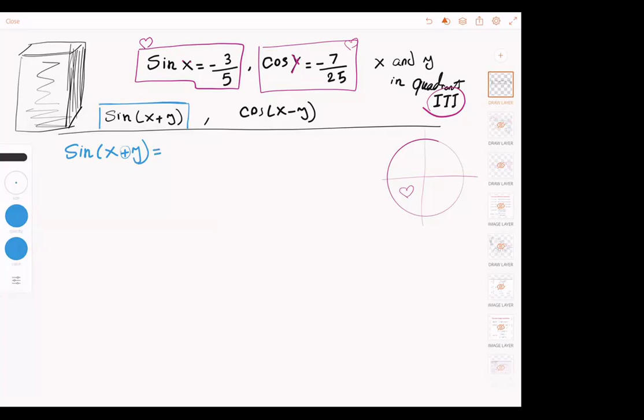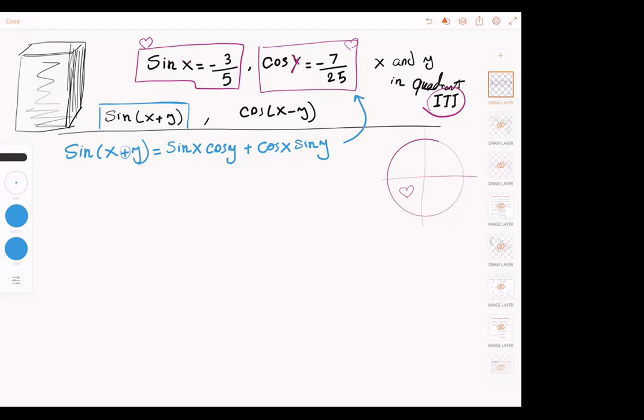If you see this, we're going to have sine x cosine y plus cosine x sine y. This is a formula for the adding. Then you look at what we have, we're going to substitute.